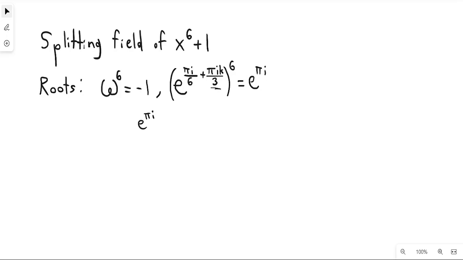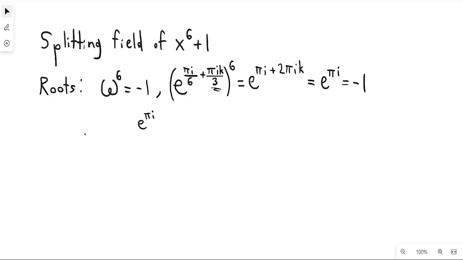And then for this one, I'm doing pi i k, and then I have 6 divided by 3, so that's just going to give me 2. So that's just going to give me a multiple of 2 pi i. And so this just equals e to the pi i, which is -1.